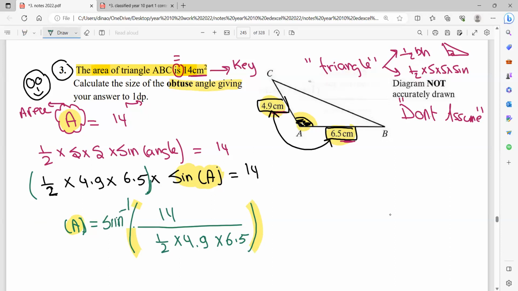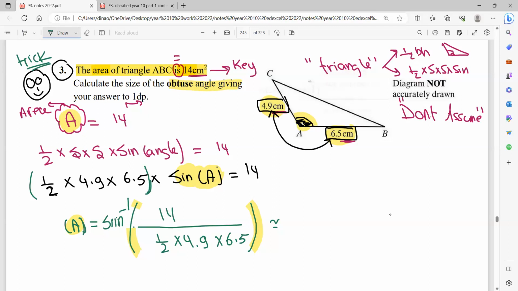Now, on the calculator, I will immediately get the answer of question A. Okay, so shift sine. This is a very important question, and there is a trick in this question. Be careful. Okay, 14 over half times 4.9 times 6.5.